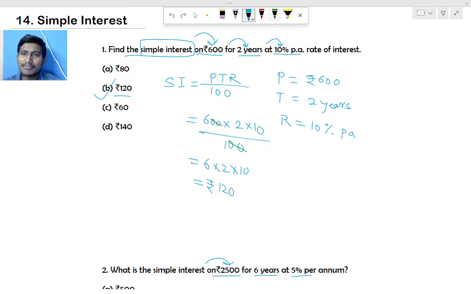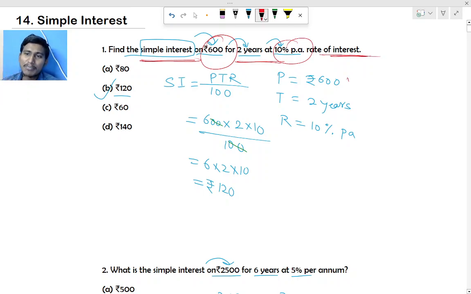They have asked simple interest on 600 for 2 years at 10% per annum rate of interest. Principal is 600 rupees, time is 2 years, rate is 10% per annum. So PTR by 100, you substitute and find the answer, you will get 120.